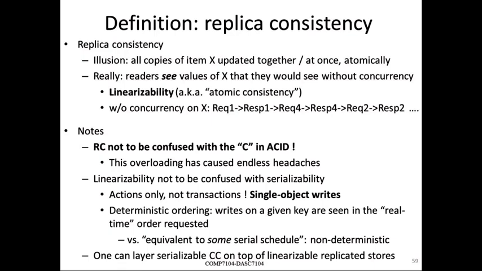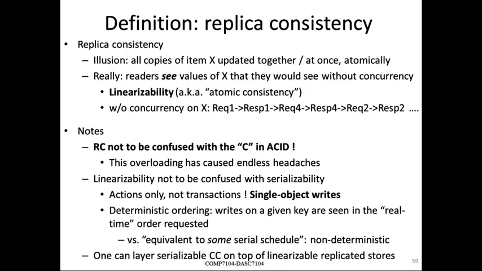This is, for instance, such a sequence or ordering of per object operations without concurrency, in which the first request-response pair appears, ordered in time, of course, with time flowing from left to right. And so we have the first request-response pair, then the fourth request-response pair, then the second, and so on.